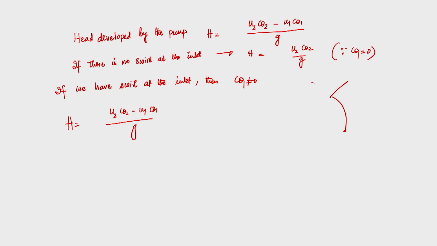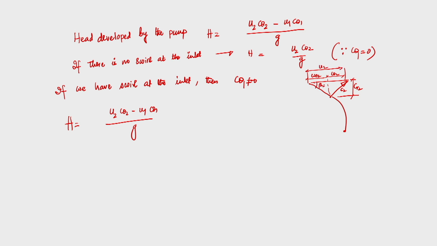Now, if I draw the velocity triangles at the inlet and outlet considering a radial flow pump, then this is the velocity triangle: this is C2, this is C R2, this is C theta 2, this is W theta 2, and this is U2.